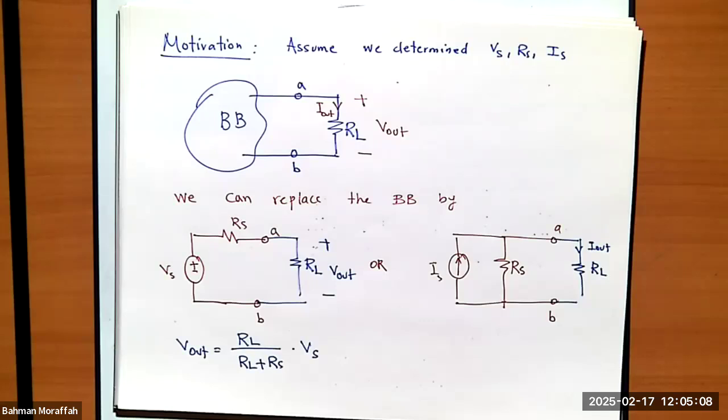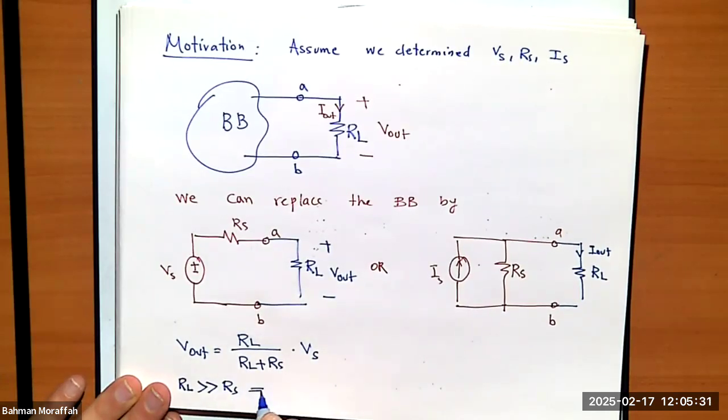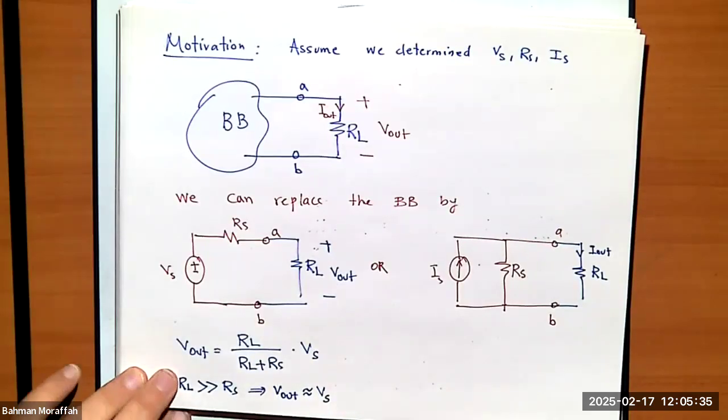So the denominator here is roughly RL, right? So this ratio is roughly 1. So my output is exactly the same as input, right? So if RL is much, much bigger than Rs, then V out must be roughly the same as Vs.